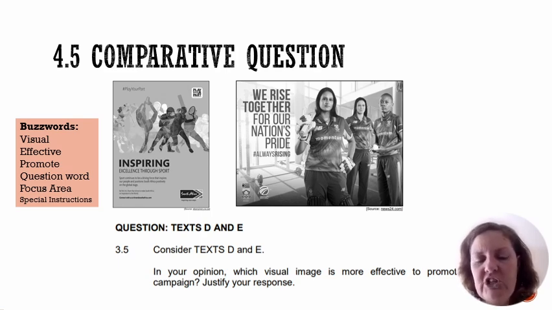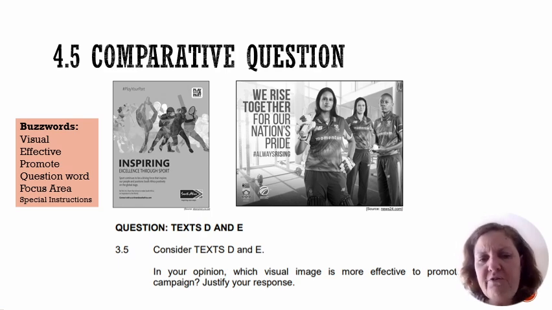So many of you jump straight into the critical comment and you say that text E is the most effective advert because it has real people and the other advert doesn't. That's worth 1 mark because you've given the judgment around the fact that they're real people, but you haven't said why that's effective. You've made the choice. You haven't given the judgment of why that's effective, and you haven't told me what it contrasts from.